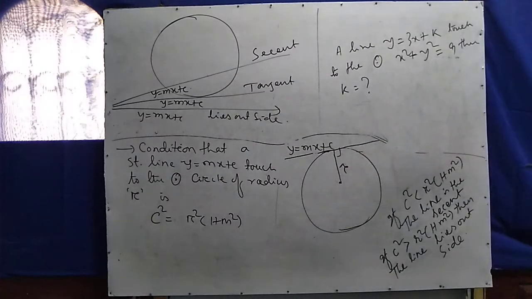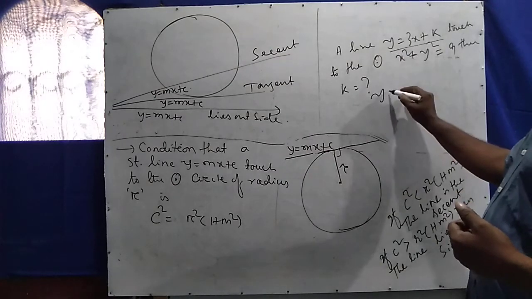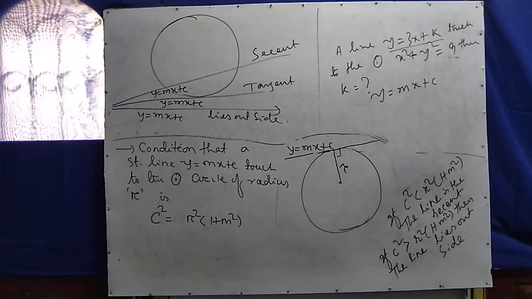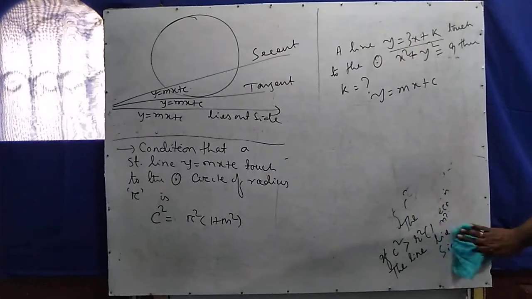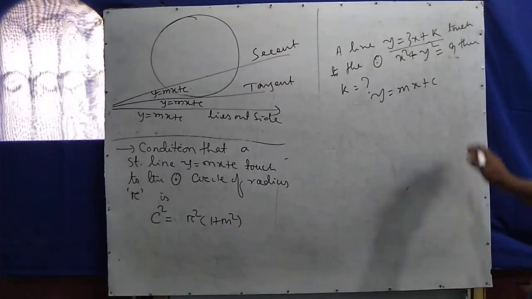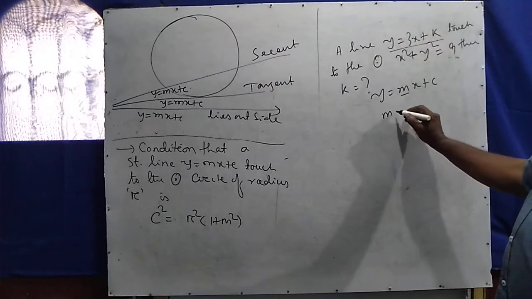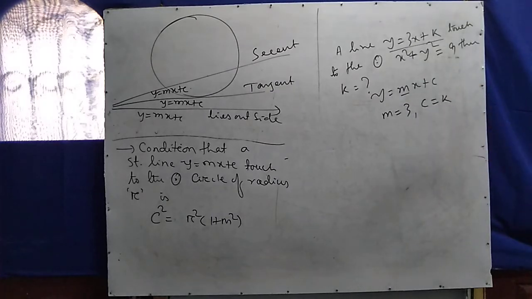So how do we find it? Comparing this with y equal to mx plus c, we have m equal to 3 and c equal to k.